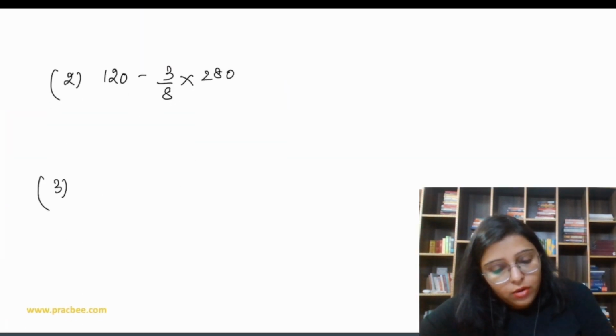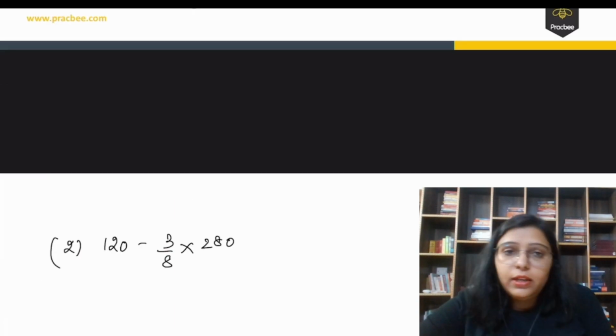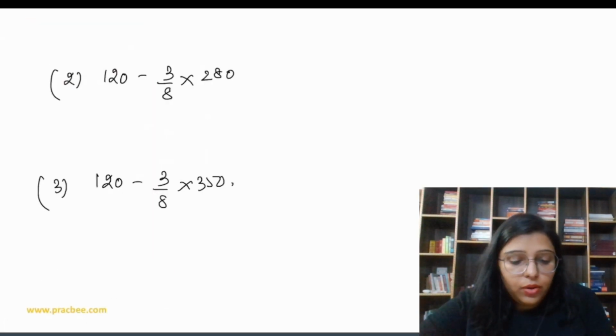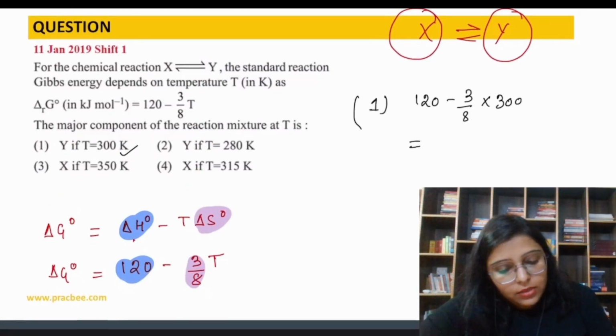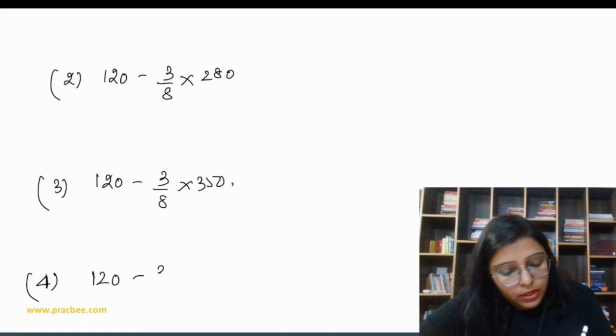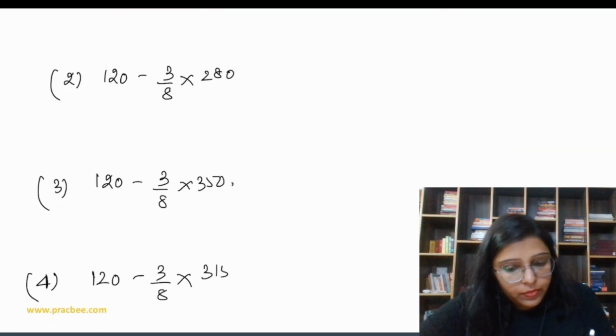Now you have to solve for the third part, 120 minus 3 by 8 into 350. Then you have to solve for the fourth part, that is 120 minus 3 by 8 into 315.